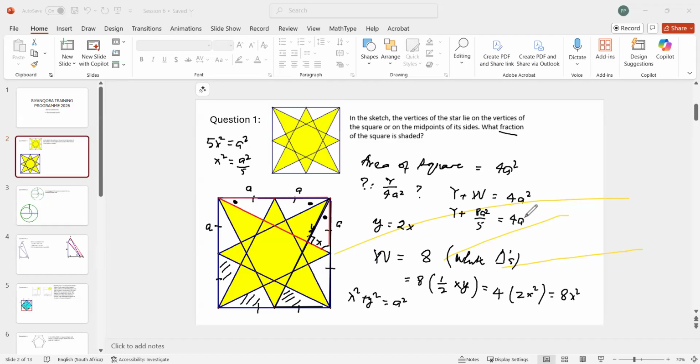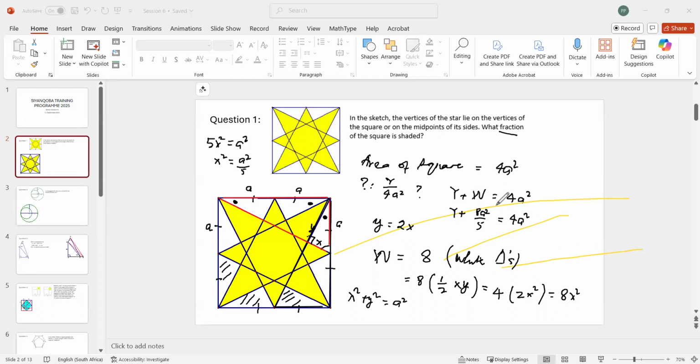So y, this white part is 8a squared over 5, and therefore you can work out what y is, and then y is 4a squared minus something.